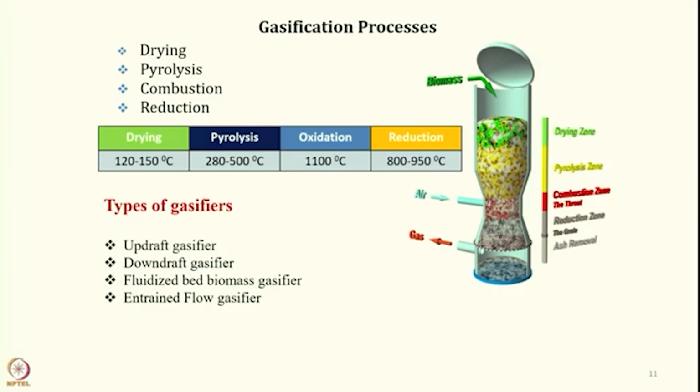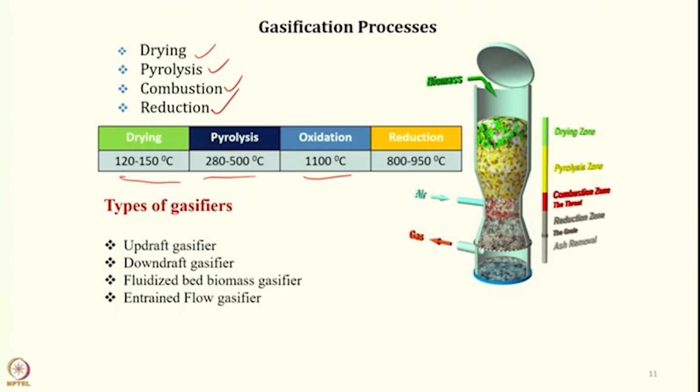As we have discussed, let us recap: drying, pyrolysis, combustion and reduction. Drying happens typically in the temperature range of 20 to 150 degrees, pyrolysis at more than 200 degrees, and then the oxidation zone goes to a very high temperature, 1000, 1100, 1200 degrees.